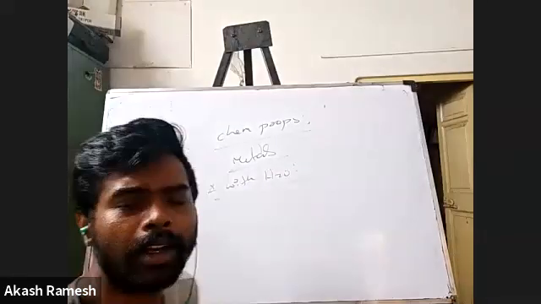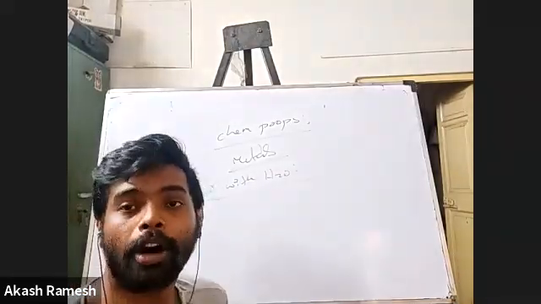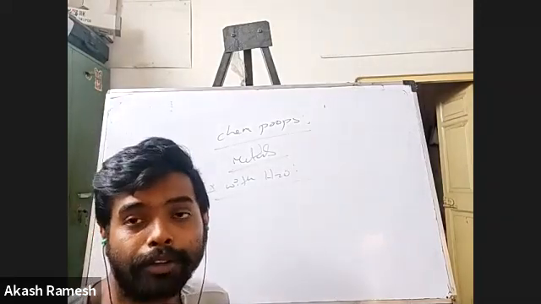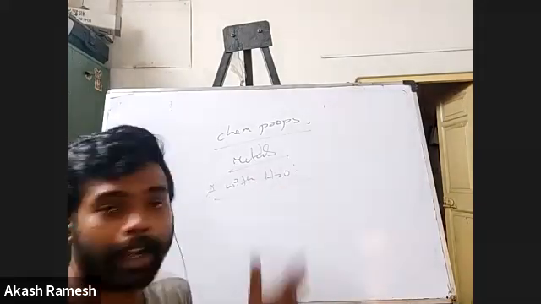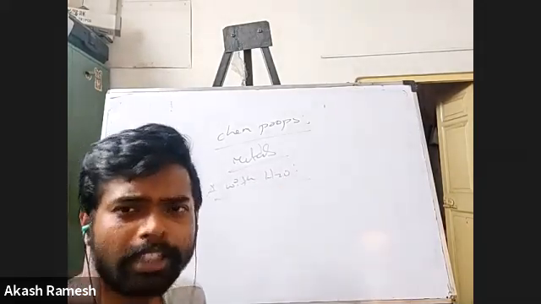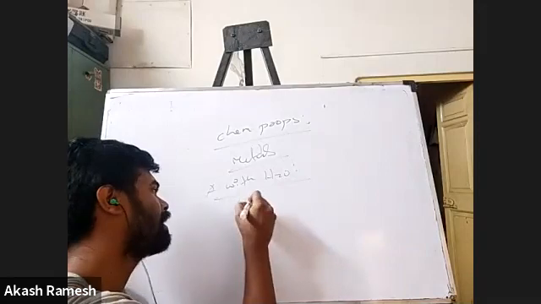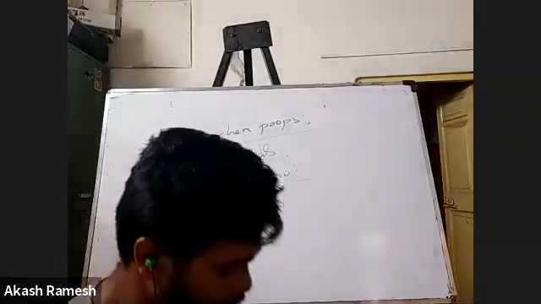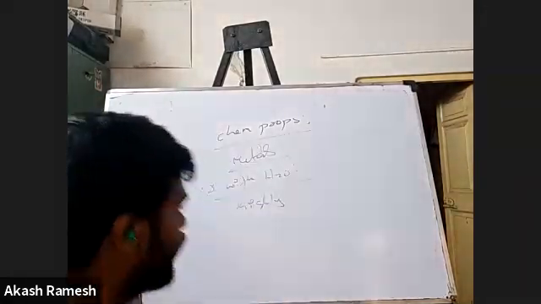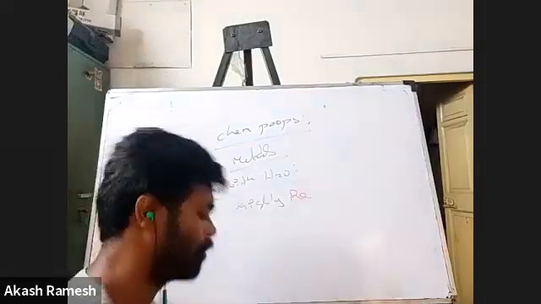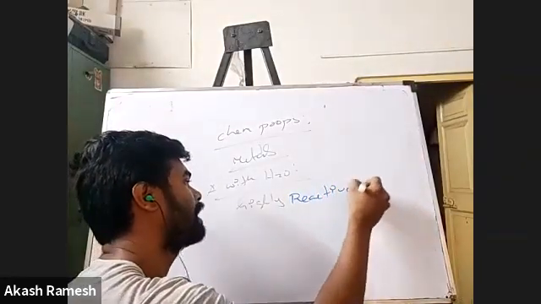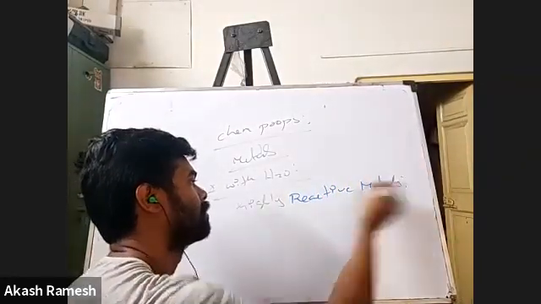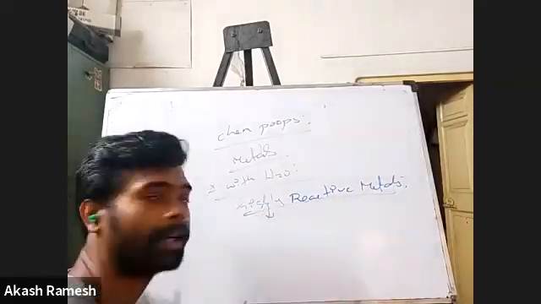Actually, different metals are going to form different kinds of products when they're exposed to water. Say for example, when I have highly reactive metals, what are highly reactive metals?